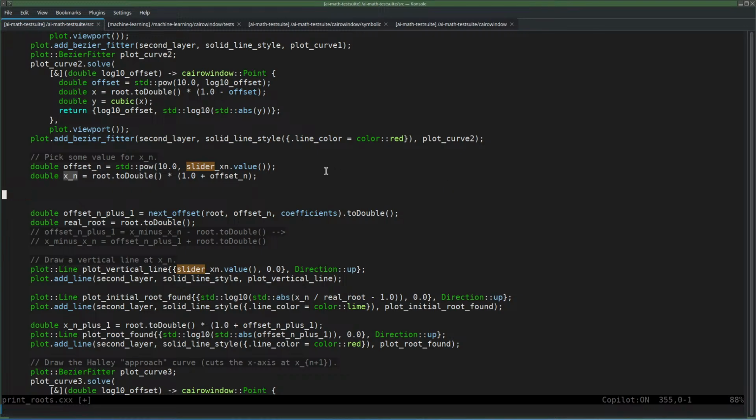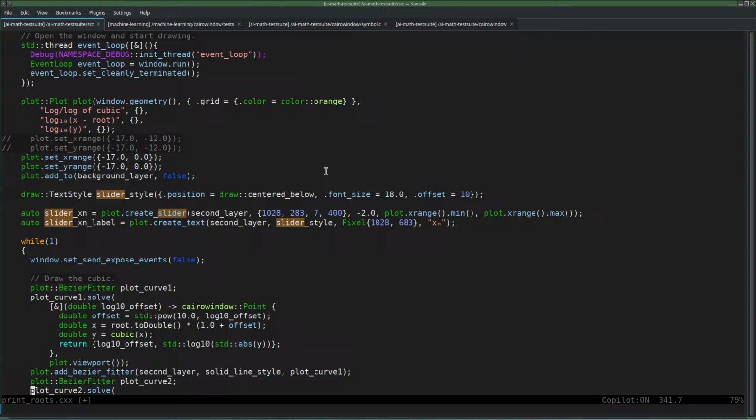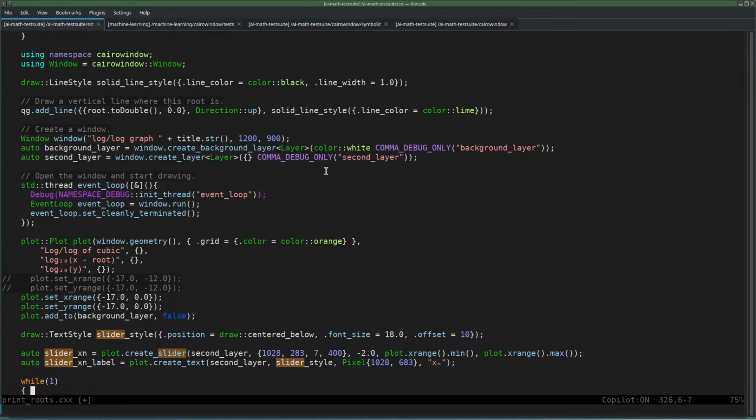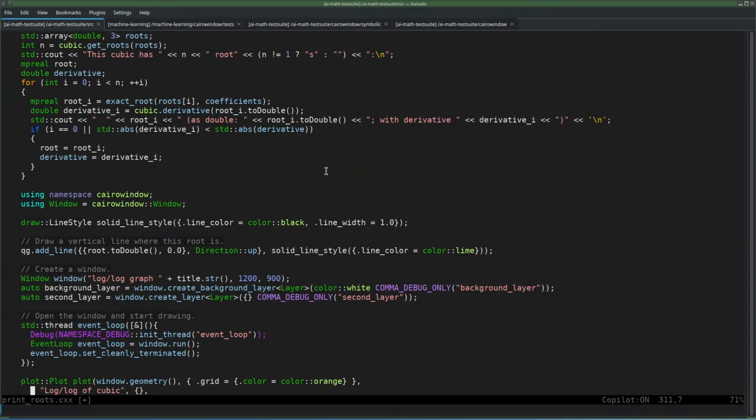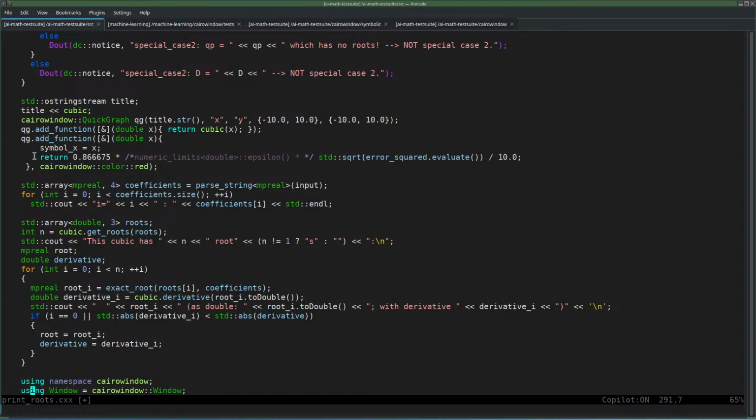So I want to set the symbol x just like I did, symbolic x. This. Let's copy the whole thing.